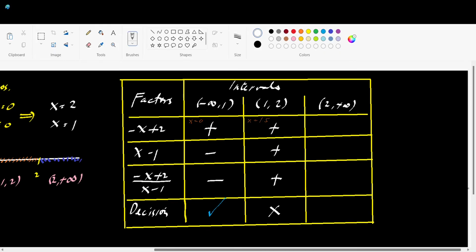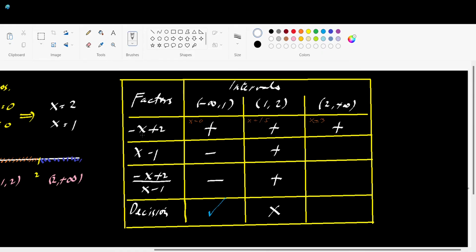set. Finally, we go to the interval 2 to positive infinity. Let us say that x here is equal to 3. So let us see what will be the sign of the factors. Negative 3 plus 2 is positive. Oh, I think it is negative.